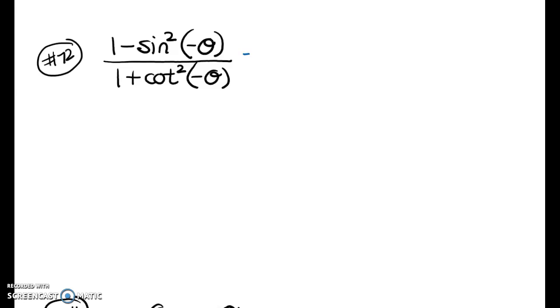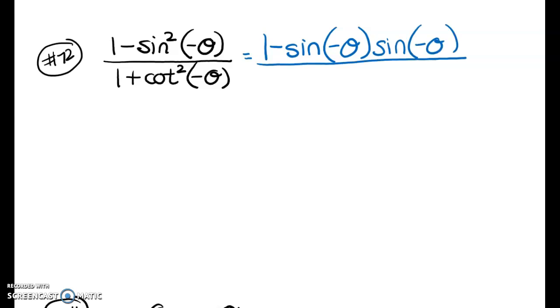All right, so the very first thing I usually do is I get rid of my negative thetas. So I know that sine squared really means just this. And I know that cotangent squared really means multiplying this twice.